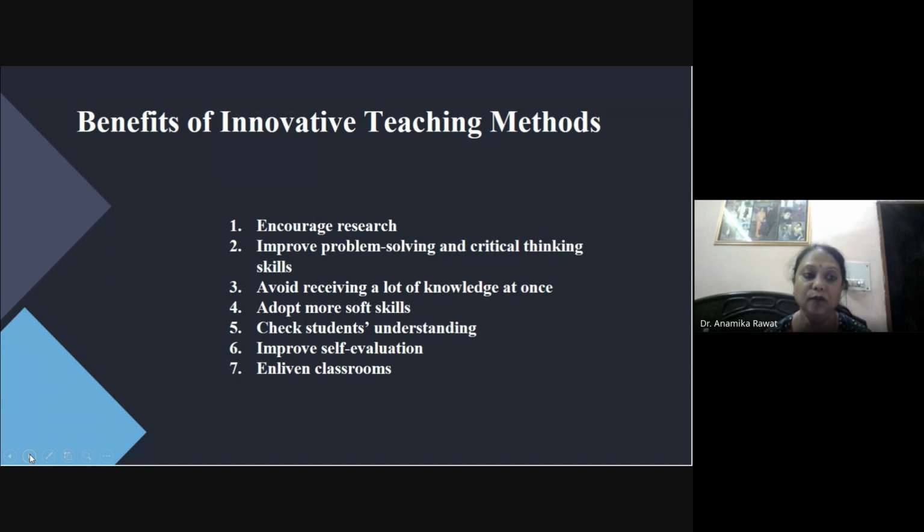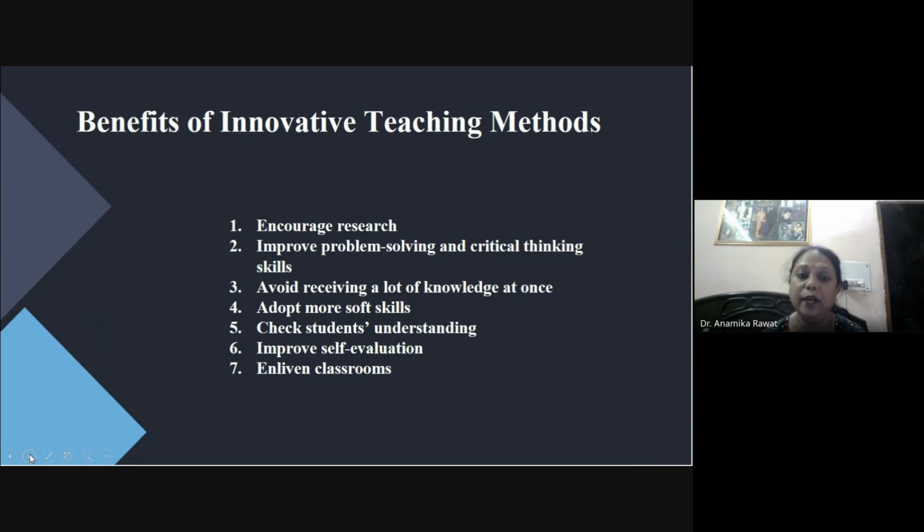The fifth one is checking students' understanding. This is the fifth benefit of innovative teaching methods. As I told earlier, there are so many students in the class, and they have different mindsets and different backgrounds.